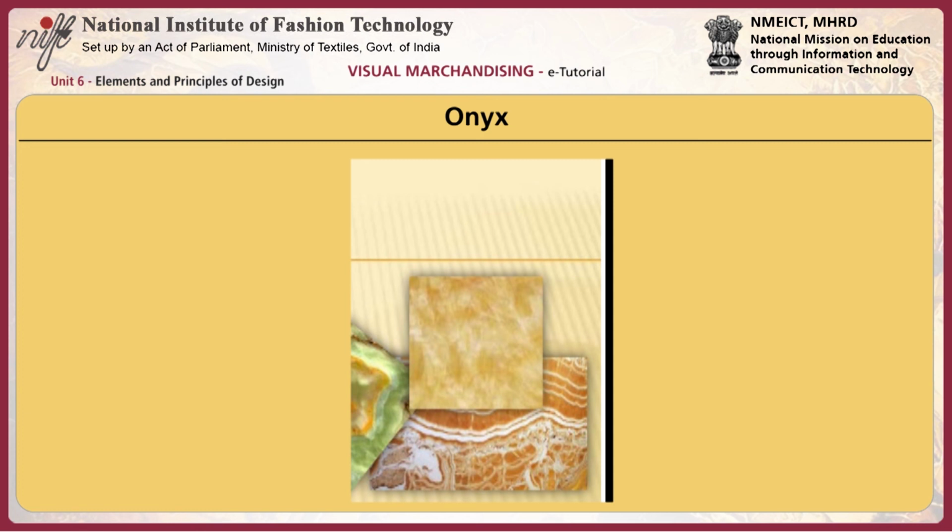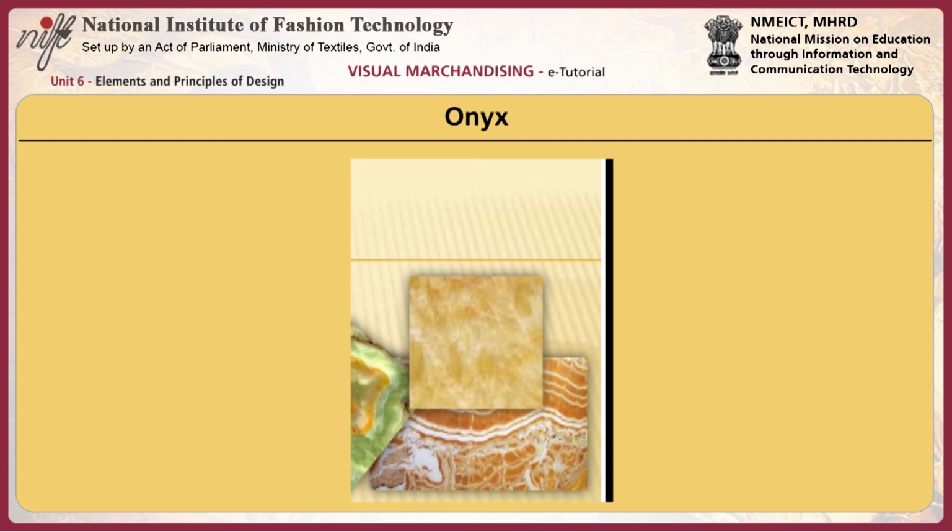Onyx. In character, it is translucent and can range from gold and oranges to green. Onyx is a cryptocrystalline form of quartz. Onyx is a sedimentary rock formed as stalactites and stalagmites in cave interiors. Its application is in floors, walls and decorative uses.